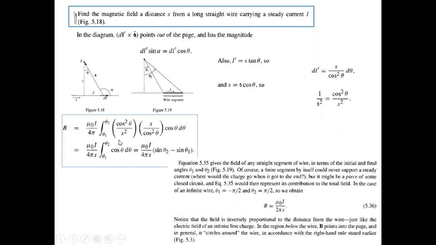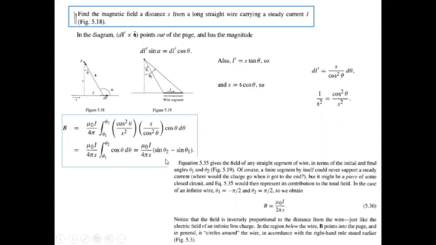So we're converting the elements like L and s in this term, and eventually you get this formula, where s is the direct, perpendicular distance from the wire. Theta 1 and theta 2 are this one and this one.